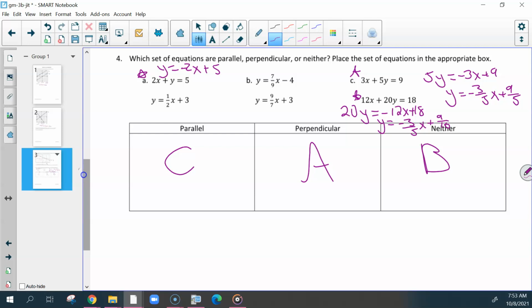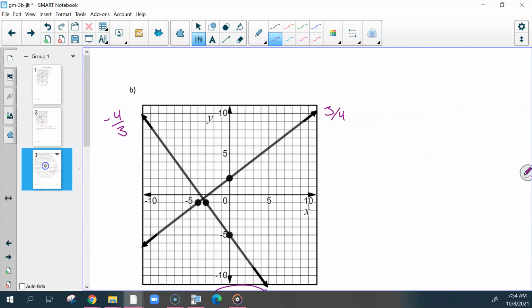So those are parallel. Question about that one? And then the last one, they wanted you to see if these were parallel, perpendicular, or neither. Wait, I have a question. Yeah.